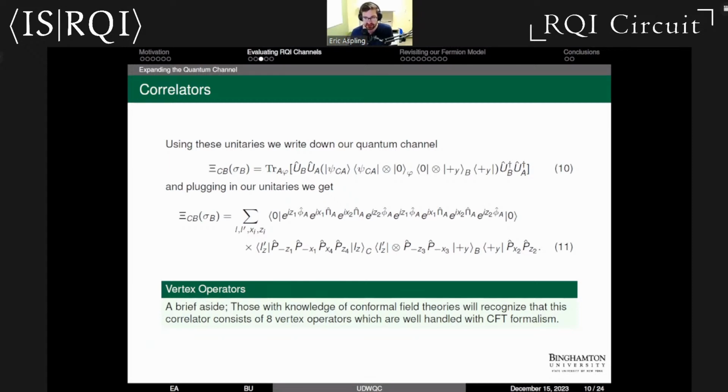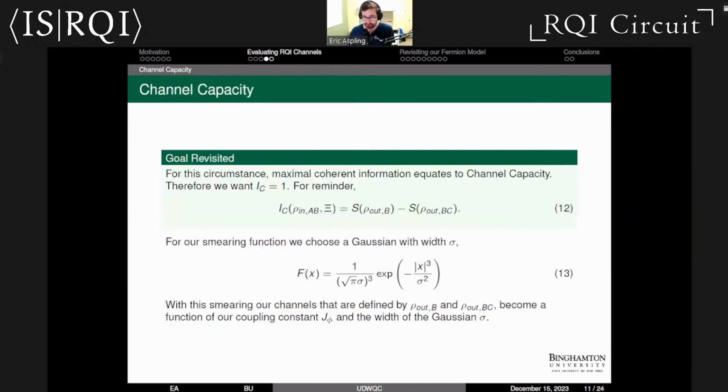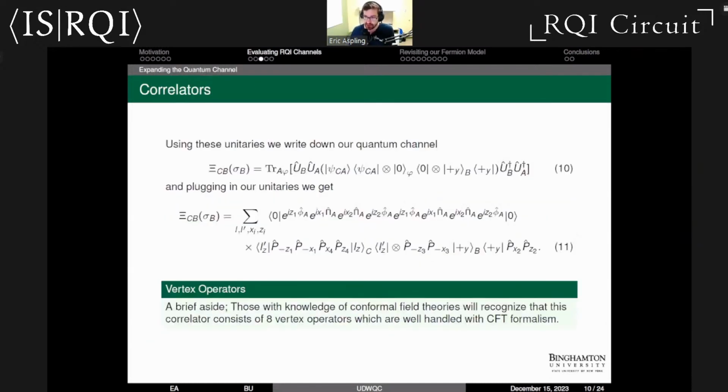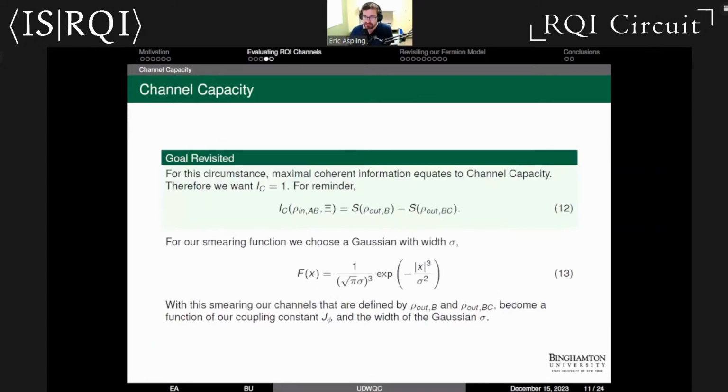These are just vertex operators, and we're worried about the correlation function of vertex operators, which shows up a lot in different conformal field theories. So, ultimately, let's not get into the other aspects of that, but regardless, if we want to pay attention to the field's role in this field-mediated communication, it really exists at the level of this correlator, okay?